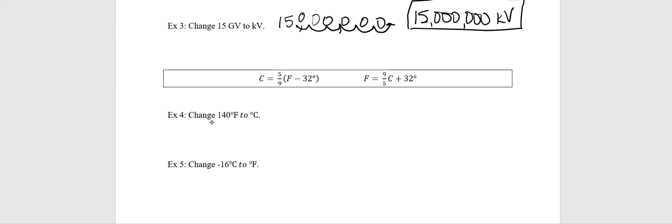Example 4 says change 140 degrees Fahrenheit to Celsius. Since I'm going to Celsius, I'm using this first one. So C equals 5/9. Our F is 140, so I'm going to plug that in where the F is. So this is how it is to use a formula. Again, if you have a calculator, this is where you'd want to go ahead and grab it.